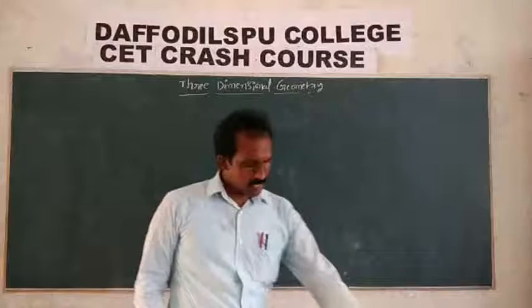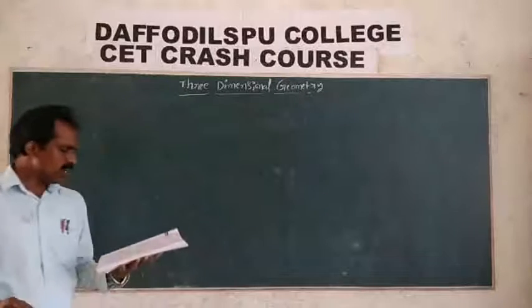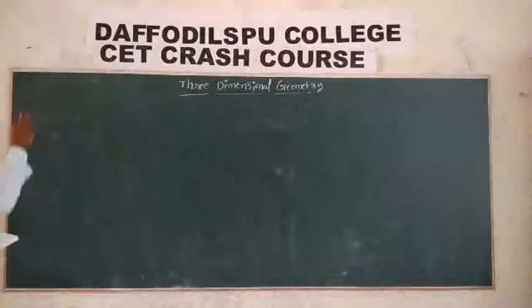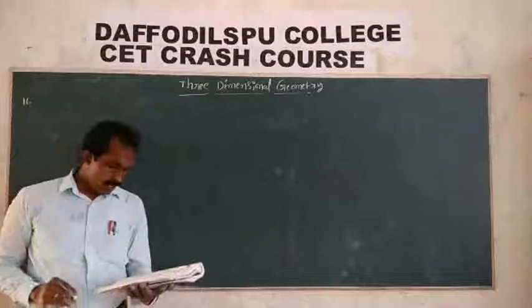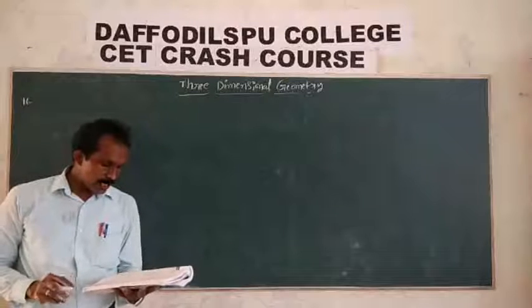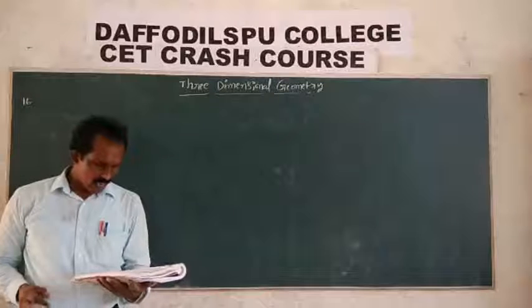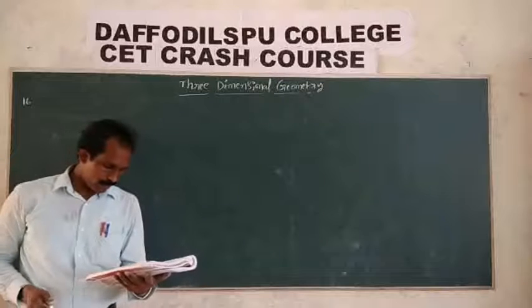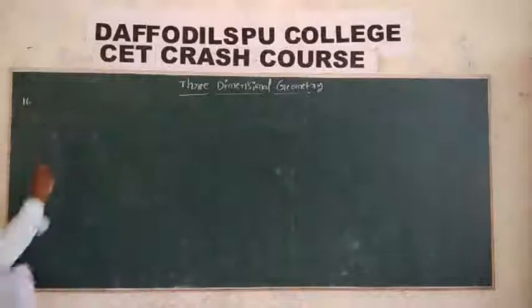Okay, next is 16. If the coordinates of A and B are 1, 2, 3 and 7, 8, 7, then the projection of the line segment AB on the coordinate axes are. Okay, right.